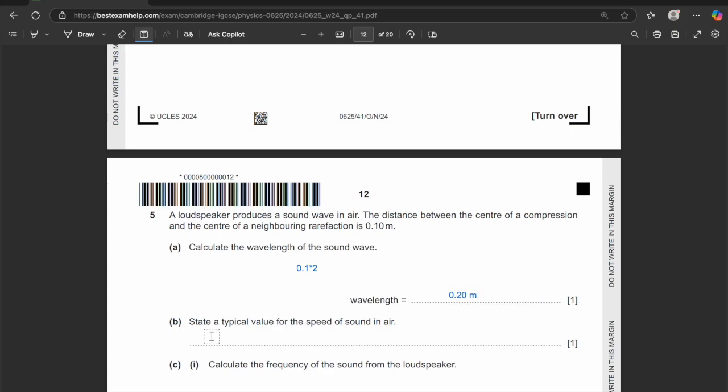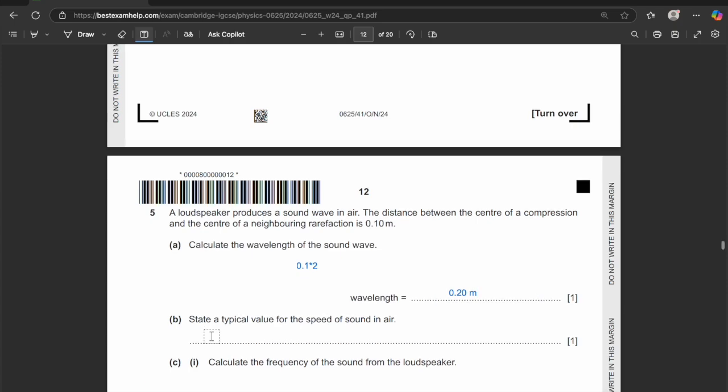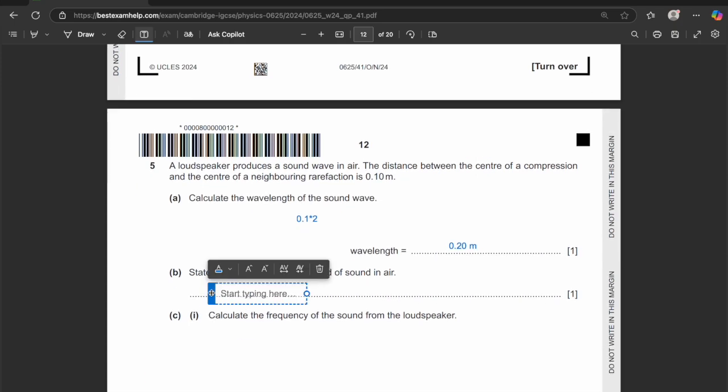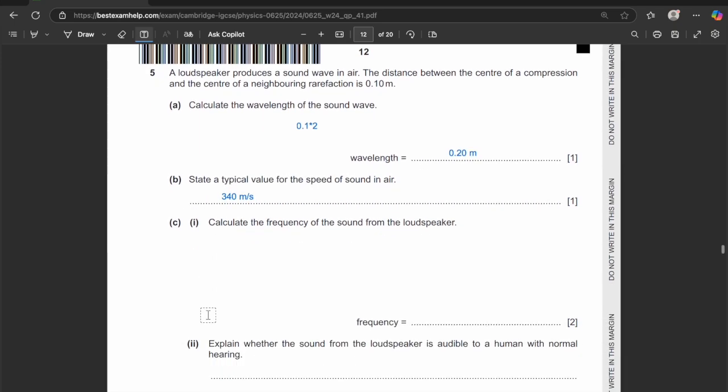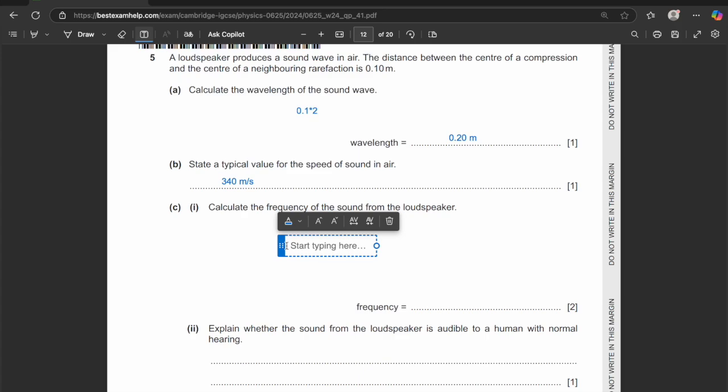State a typical value of the speed of sound in air. So this is something that we have to remember, right? So that's 340 meters per second. And C1, calculate the frequency of the sound from the loudspeaker. So we have this wave equation, right? v equals f lambda, frequency times wavelength.